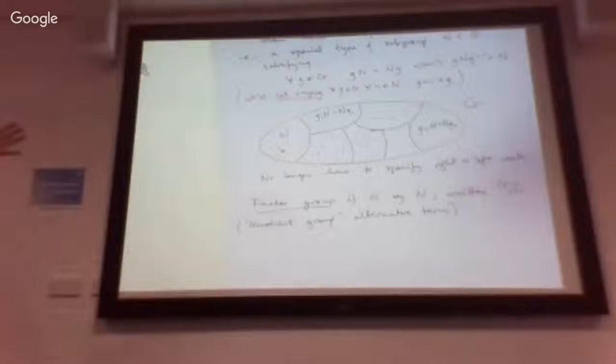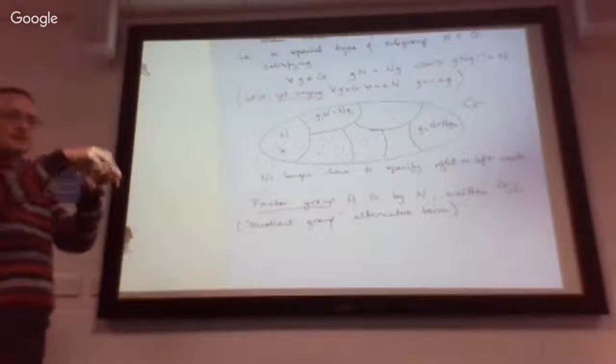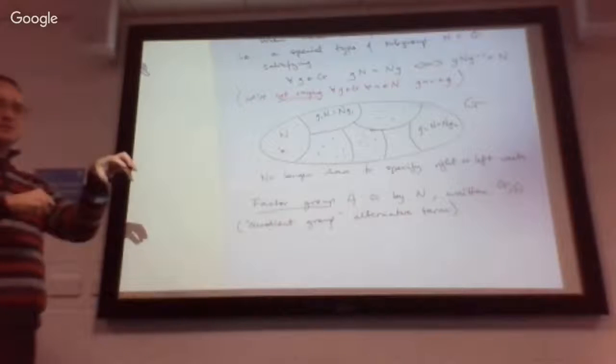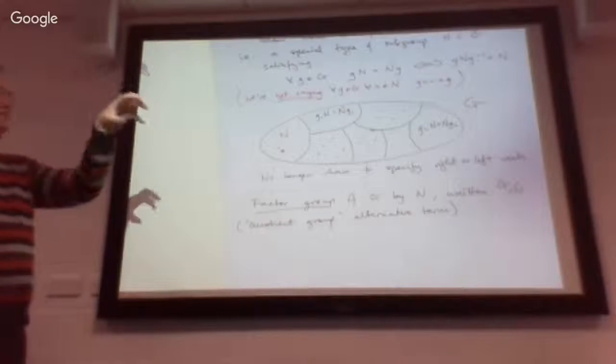I gave the example yesterday. It's like looking at a country, and on the most detailed level, you're seeing every individual inhabitant of the country. So the 70-odd million people there are in Britain, if we're looking at the map of Britain, you see every individual person. But maybe that's too much detail. So you clump it together, maybe on the level of counties. So you've got Devon, all the people in Devon, all the people in Cornwall, all the people in Greater London, all the people in Greater Manchester.